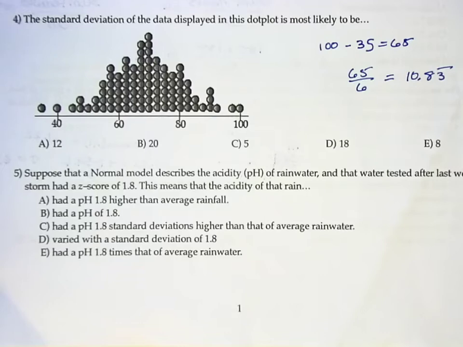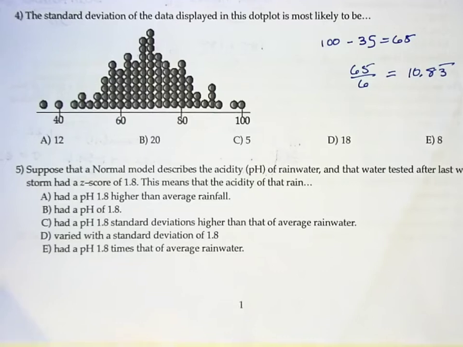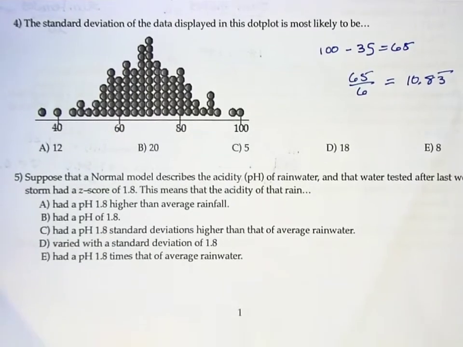This next one's kind of interesting. If we're assuming that the data can be modeled with a normal model, then we know that wherever the mean is, we should be able to encompass most of the data if we go 3 standard deviations in each direction. Meaning from the lowest to the highest should be about 3 standard deviations in each direction for a total of 6.